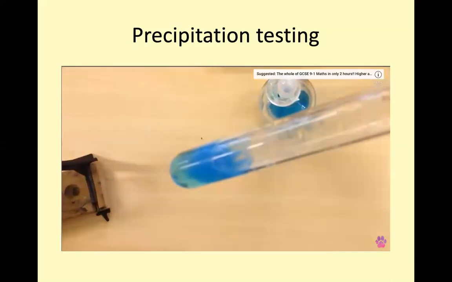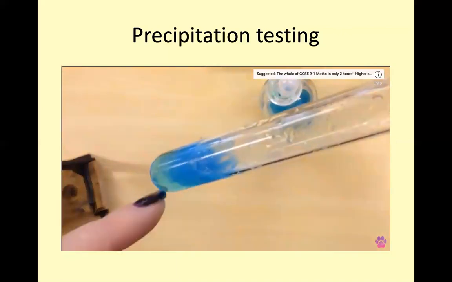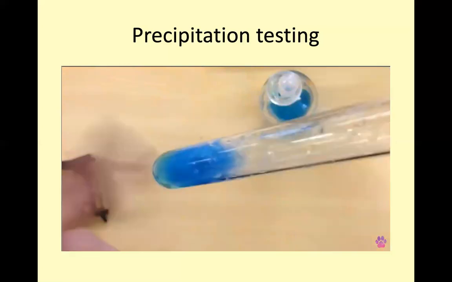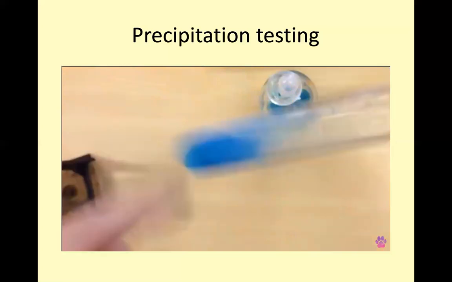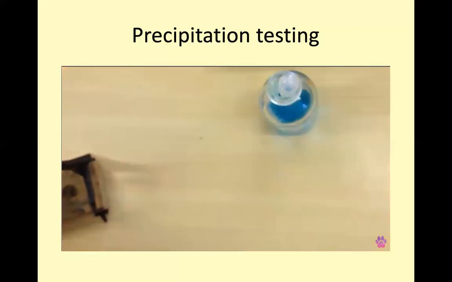Try and get that to focus. Okay, so there's a blue precipitate up top here, and the unreacted copper is down there. If I just give that a bit of a shake, you can see it is all turning into sludgy copper precipitate. So the next reaction is iron 2.